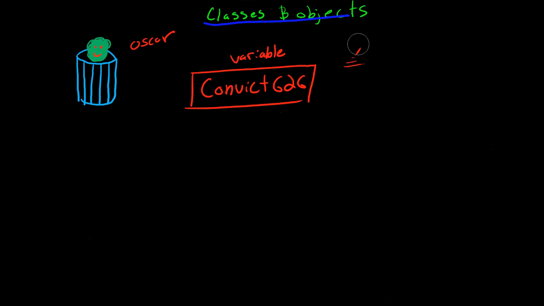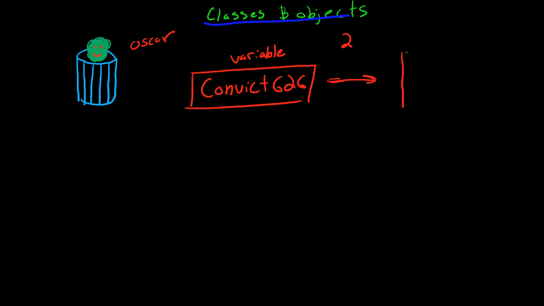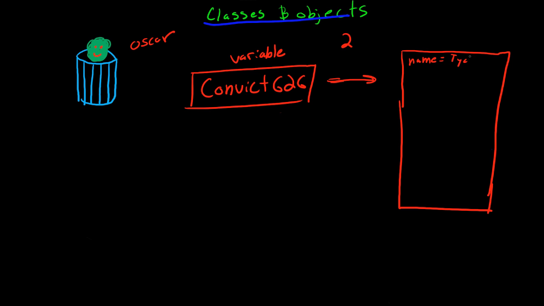Step 2 was we set him equal to, and we pointed him toward this object that had a name, Tychus, and then it also had a weight of 10, and then it has some.